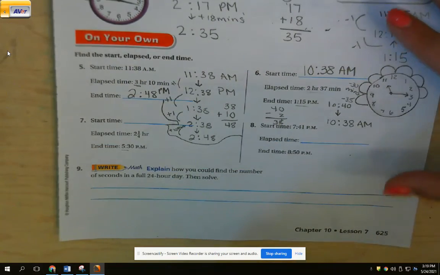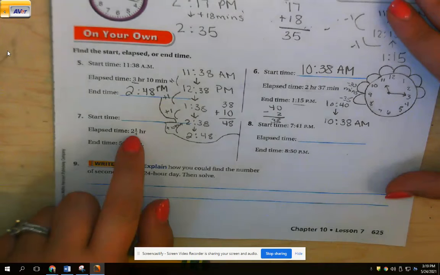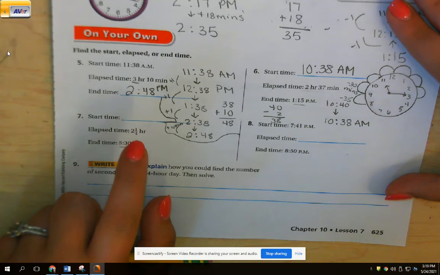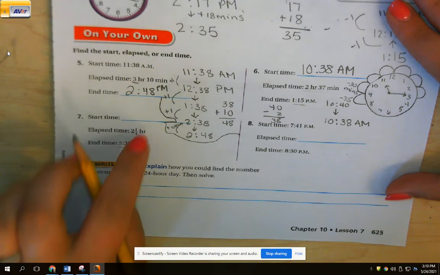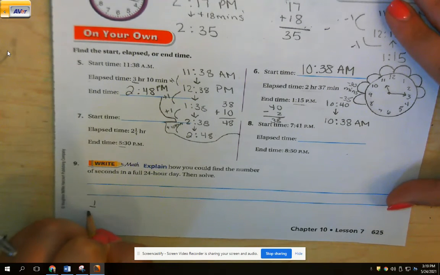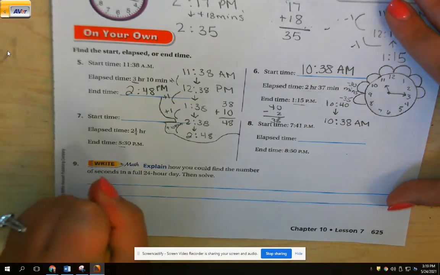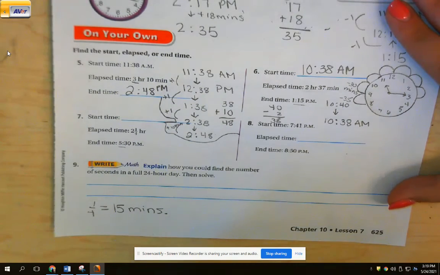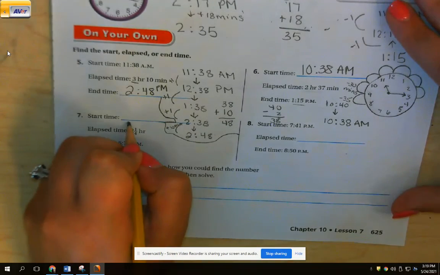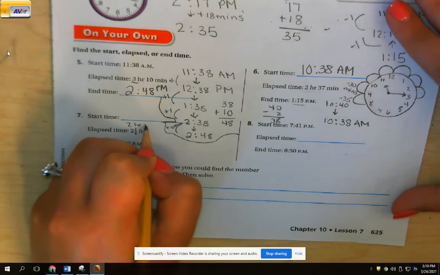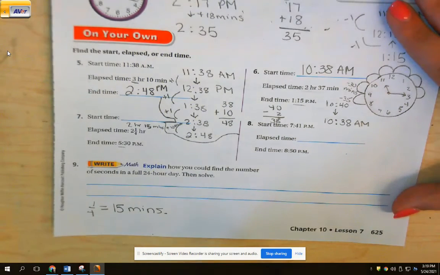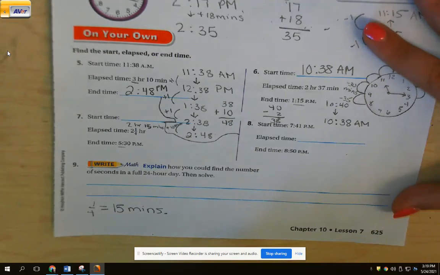So we're starting at 5:30 p.m. The time that passes is 2 1/4 hours. Remember, 1/4 equals 15 minutes. So really, it's the same as saying 2 hours and 15 minutes. That's it. So we're going backwards.